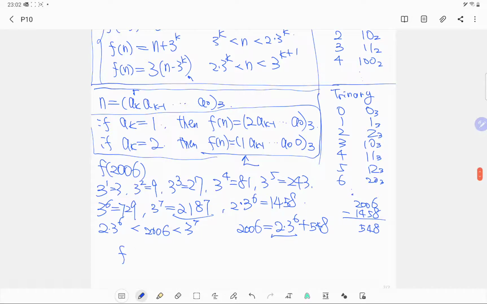So f of 2006 is like 3 times 2006 minus 3 to the kth power, 3 to the 6th power, which is 729.